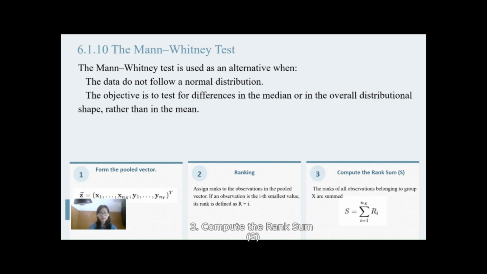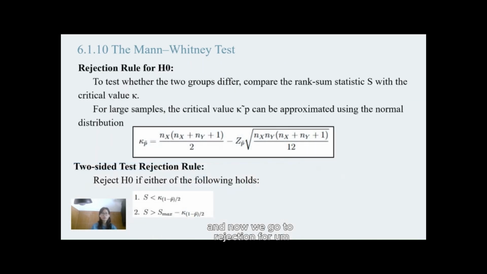Step 3: combine the sample with the ranking and compute the rank sum. This is the primary test statistic. The test looks at the ranks of all observations belonging to group. And now we go to the rejection rule for the hypothesis.